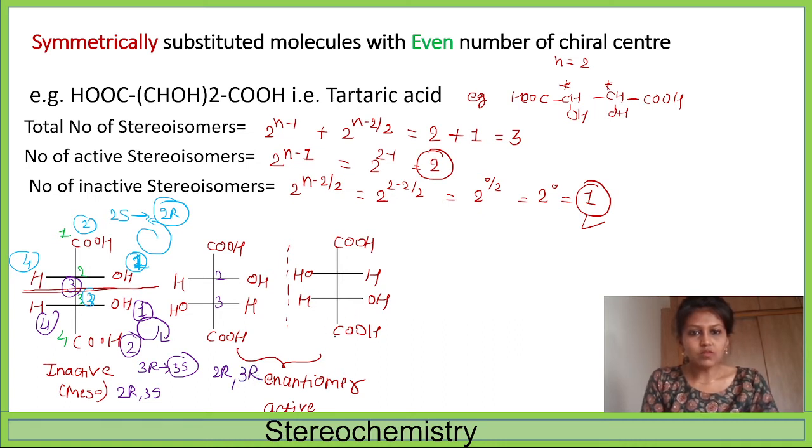Now see, this third molecule is the enantiomer of the second molecule, so it has the exact opposite configuration of this one. So 2R 3R, so we can say its configuration is 2S 3S, right? So here one optically inactive, that is the meso compound, is present, and two optically active, that is enantiomers, are present over here. So total there will be 3 stereoisomers present.